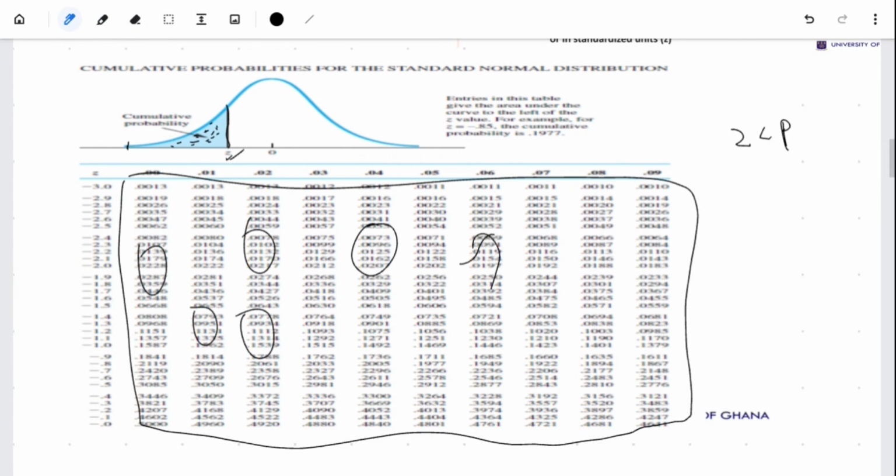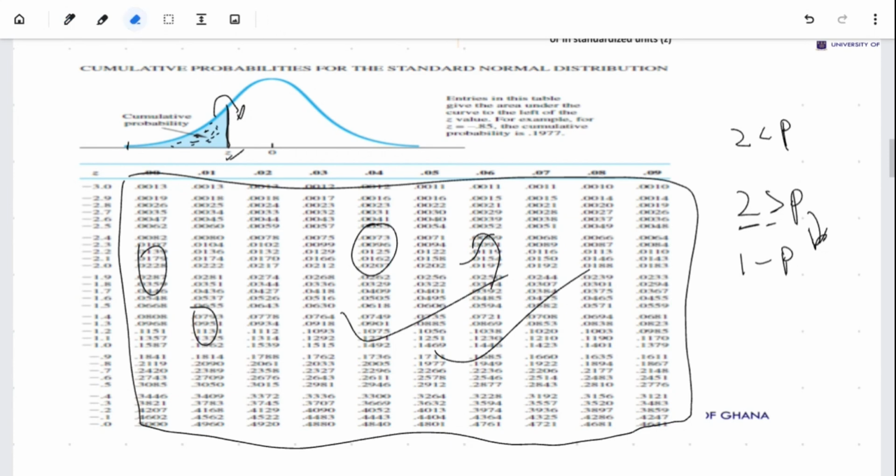But in case it says that z is greater than the value, which means you are going beyond your limit, and since the probabilities sum up to 1, the probability that you find within this range, you subtract it from 1. That is when you get z being greater than the value, right? So taking it again, all the probabilities here are within the shaded area.